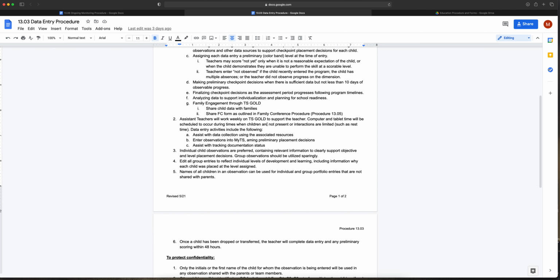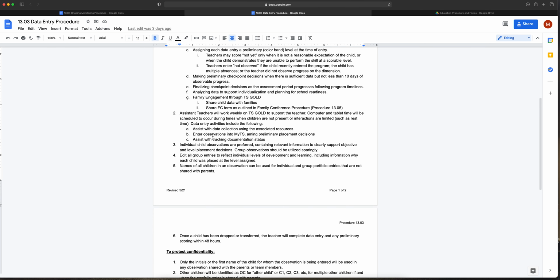Importantly, it is also required that assistant teachers help with this process. Teaching teams work out their process for doing this, but the assistant teacher does help with data collection, including entering observations and tracking documentation status.